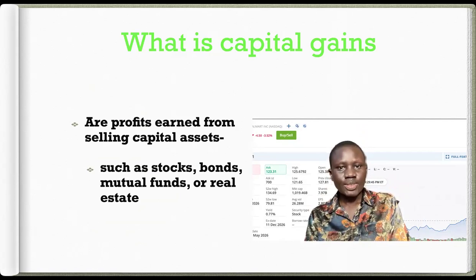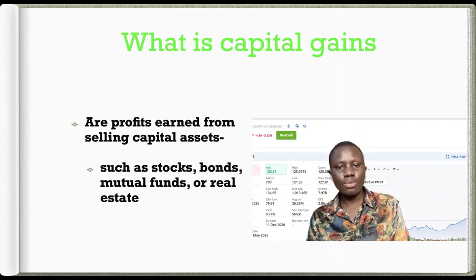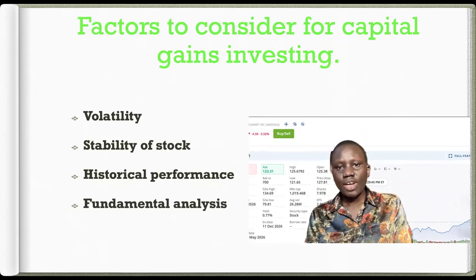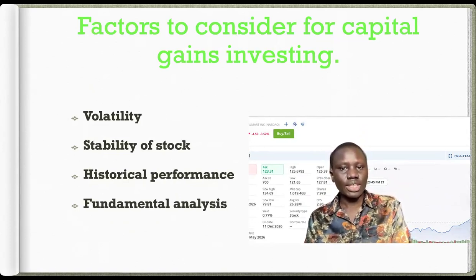Number one is, what is capital gain? Capital gain is profit earned from selling a capital asset such as stocks, bonds, mutual funds, and real estate. The next thing is factors to consider for capital gain investing.